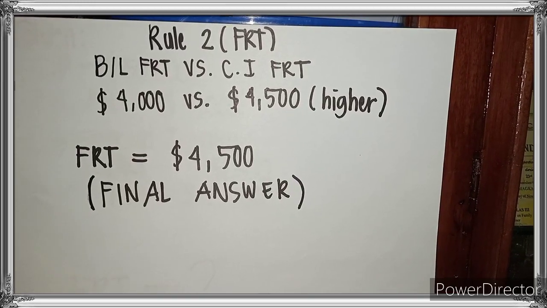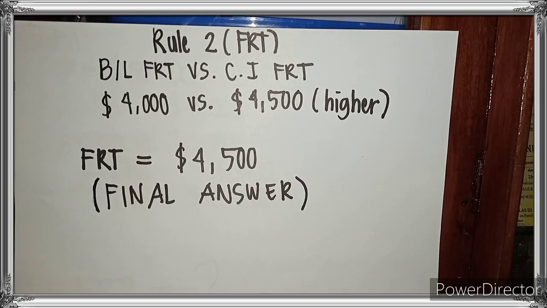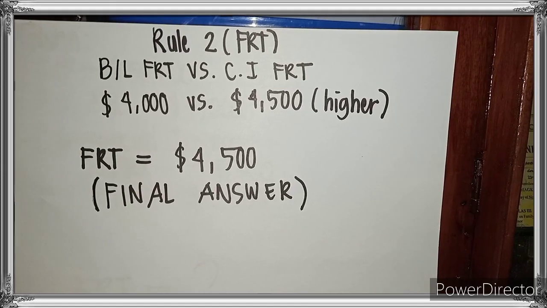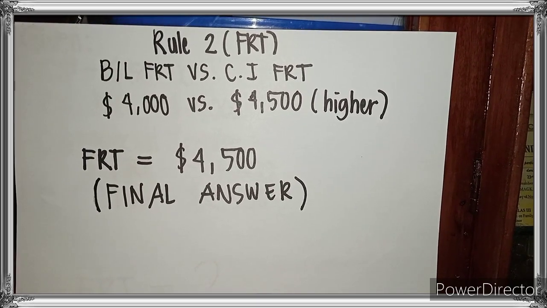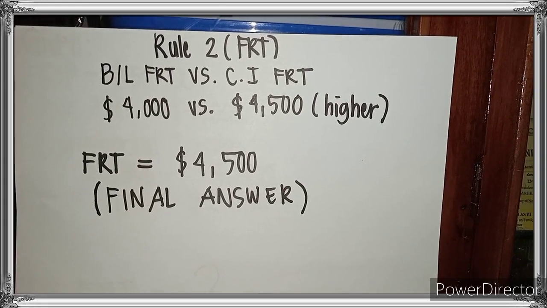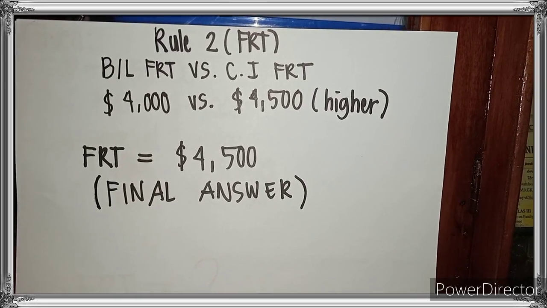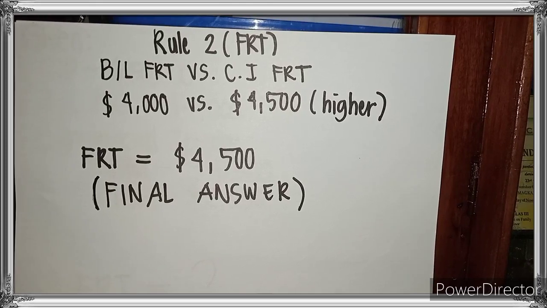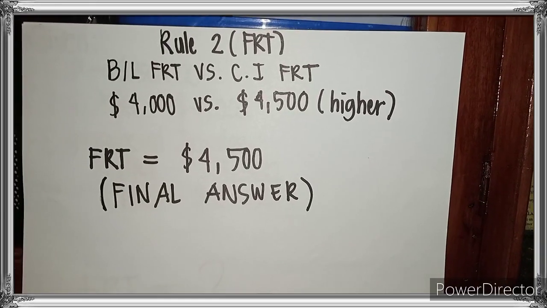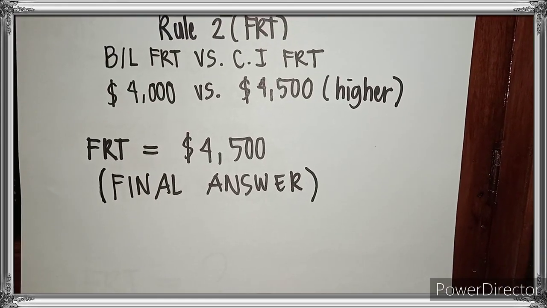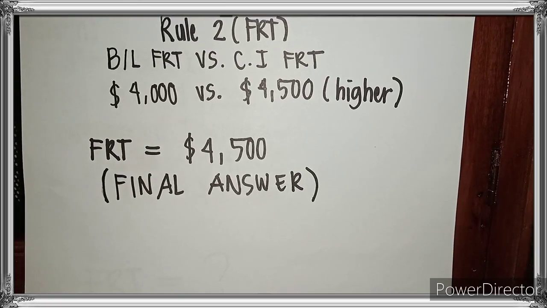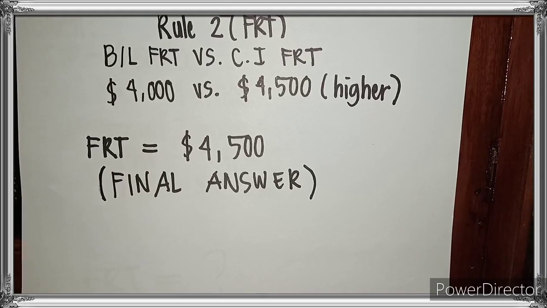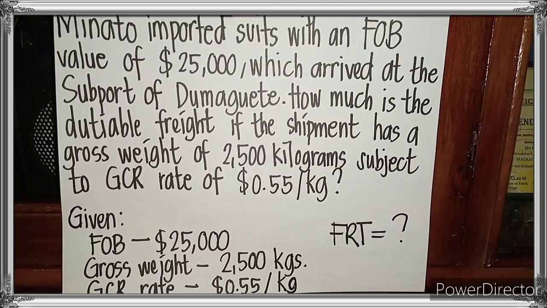It will be bill of lading freight versus commercial invoice freight. Our bill of lading freight is $4,000 versus the commercial invoice freight of $4,500. As we can see, the higher one is $4,500. So we now have the final answer of $4,500 of freight.